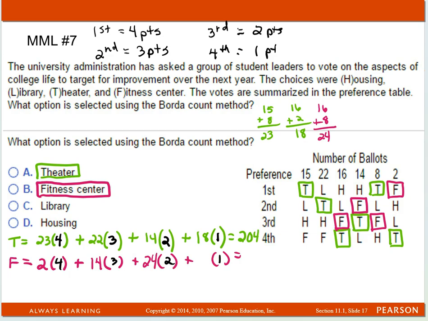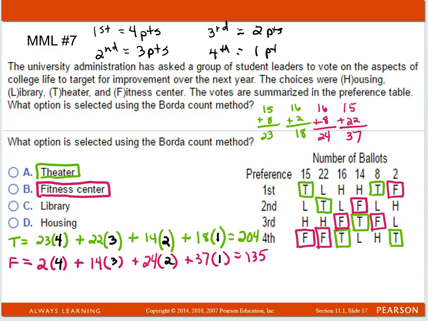For the fourth place votes, I've got this first column, there's 15 there, and the second column, which is under the 22. So 15 plus 22 is 37 fourth place votes. When I do all the math for that, I end up with 135 points. So at the moment, theater is in the lead.